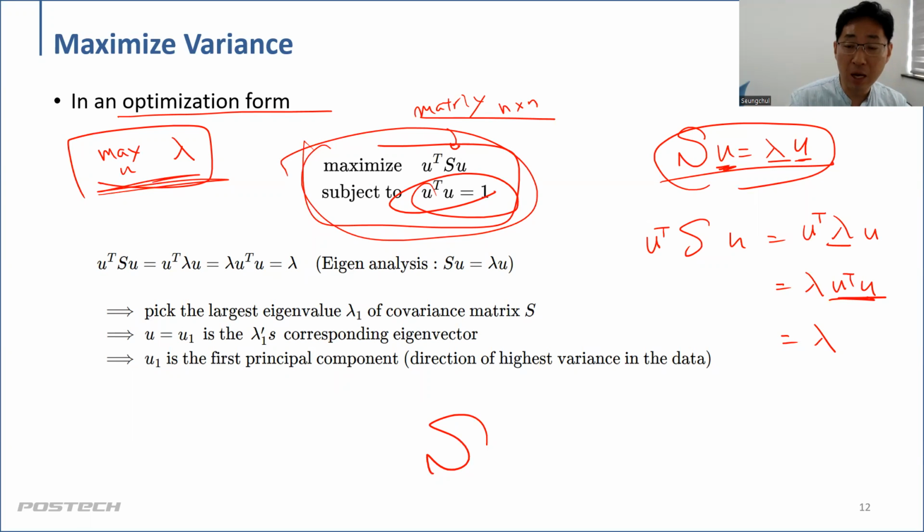List all the eigenvalues. Since we want to maximize that, pick the largest eigenvalue. And the optimal solution is the corresponding eigenvector, that's U.